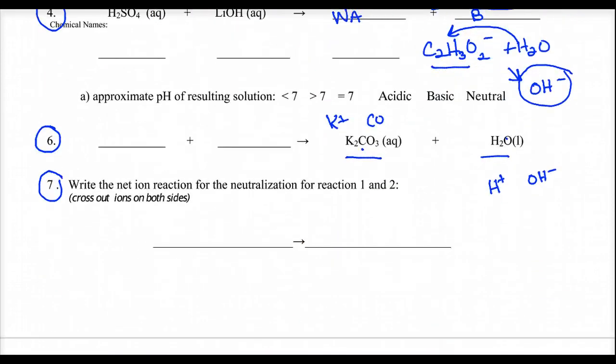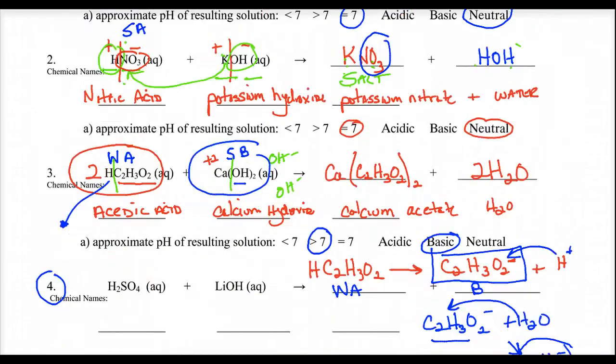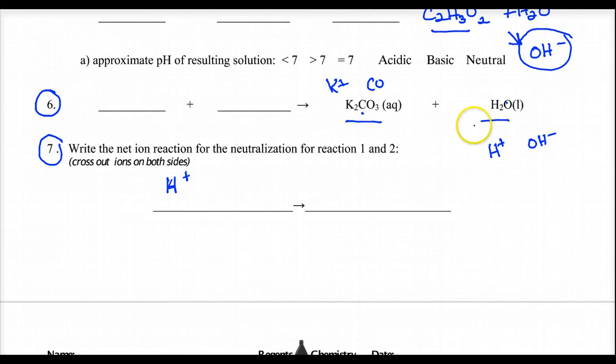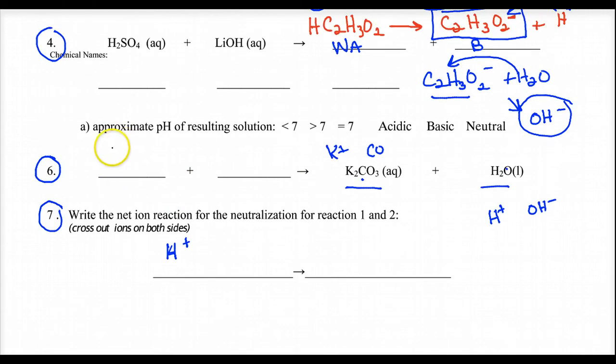Well, in number 1, if I'm not mistaken, sorry to make you go crazy, I have HCl and NaOH. Well, HCl breaks apart into an H plus and a Cl negative. So I have HCl, which is H plus and Cl negative.